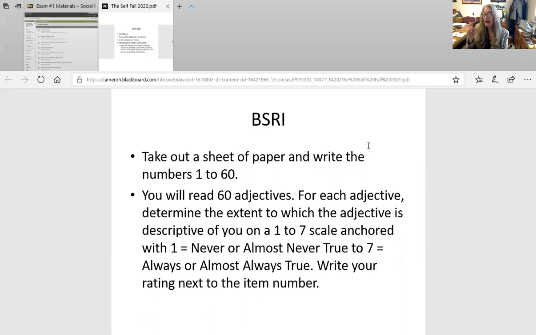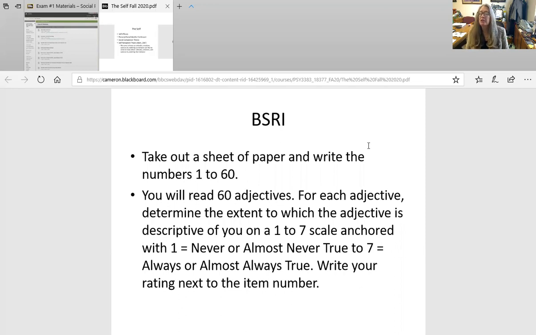You're going to read each adjective and determine the extent to which that adjective is a good description of you on a scale of 1 to 7: 1, never or almost never true, all the way to 4 in between, and 7, always or almost always true. Write your rating next to the number that corresponds with the adjective.